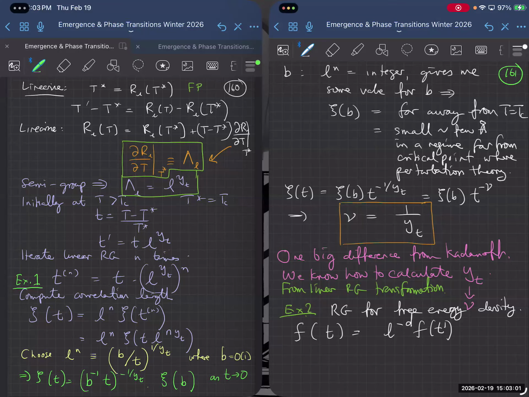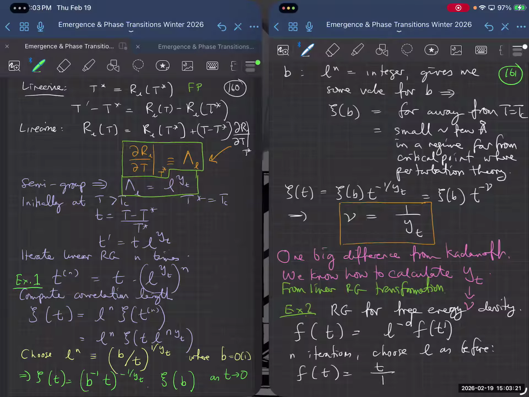We'll do the same thing as before: do N iterations, choose L as before, and what I end up with is the equation F of T is equal to T over B to the power D over Y sub T times F of B.